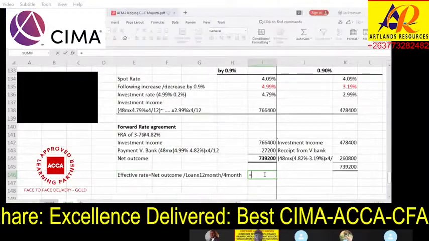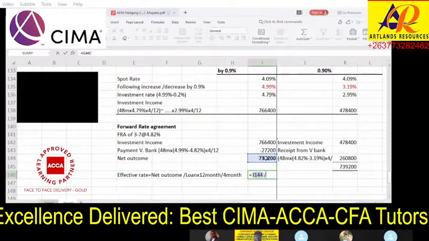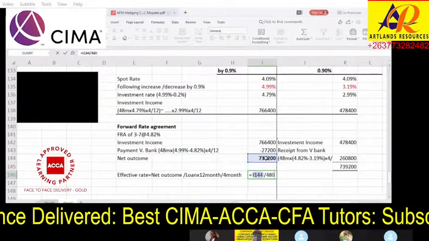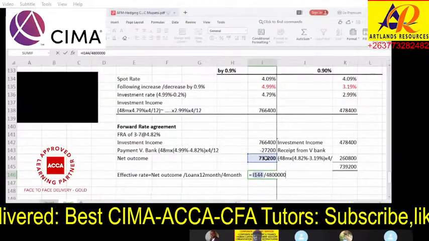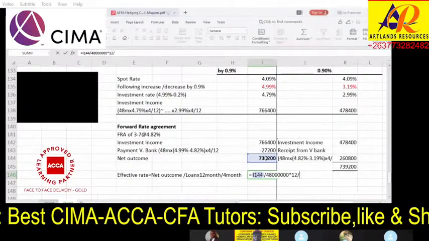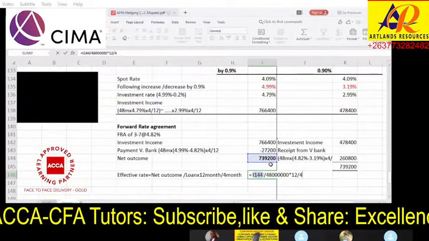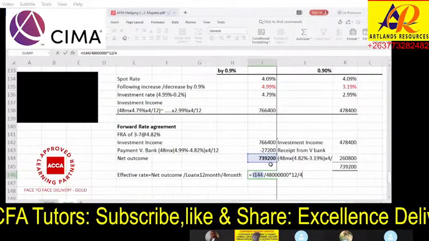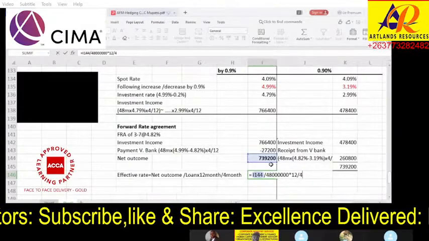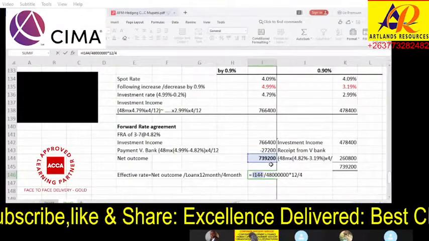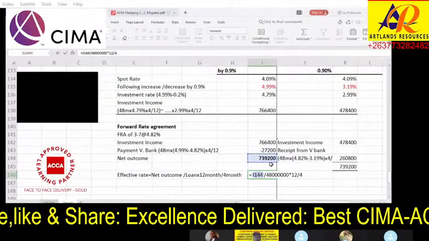So the effective rate equals this divided by 48 million times 12 over 4. We are saying what we have obtained in 4 months, if you were to repeat it for the year, how many 4 months are in a year? There are 12 over 4. If it was 9 months, you would say 12 over 9.